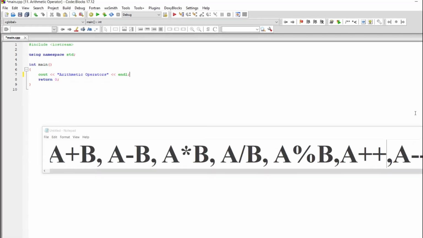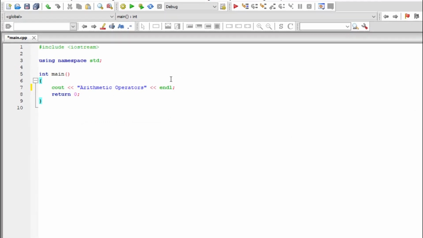Let's go ahead and write a simple code that will help us understand all these functions. Let me say int x is equal to 8 semicolon, and int y is equal to 5 semicolon. Then int z semicolon.